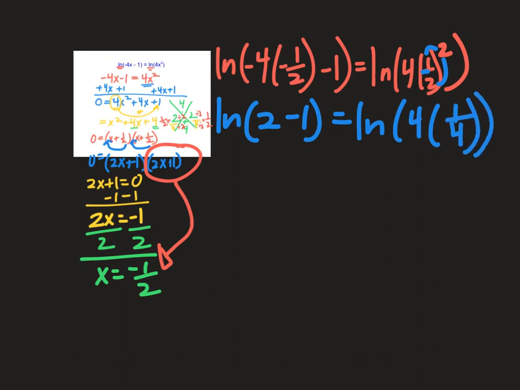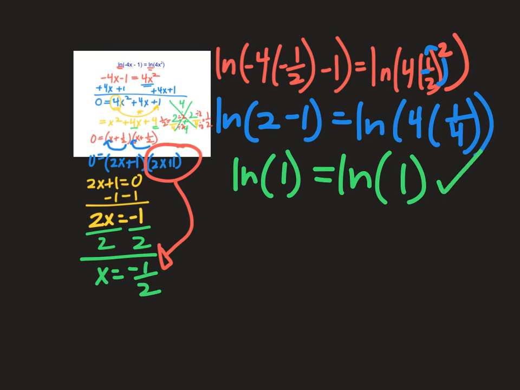And then if we simplify a little bit more, we'd have the natural log of 2 minus 1 gives me 1. And the natural log of 4 times 1/4, which is also just 1. So we'd have the natural log of 1. These two are equal to each other, so they do in fact work.